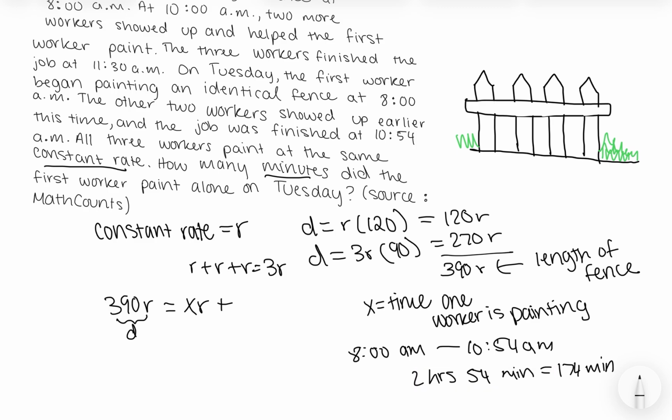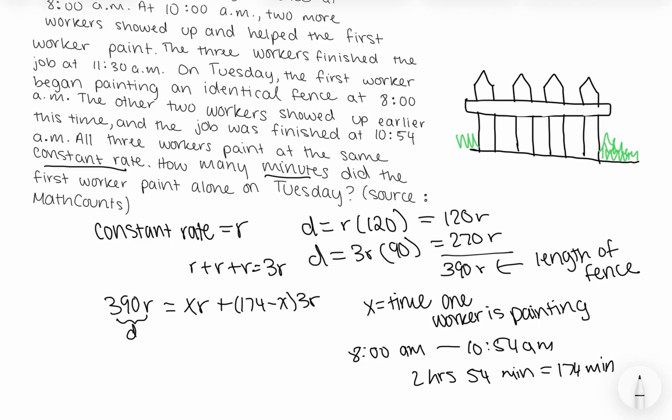Again, notice how we're keeping everything in minutes. So since the first worker is painting alone for x minutes, all three of them will be painting together for 174 minus x minutes times 3r, because all of them are together.